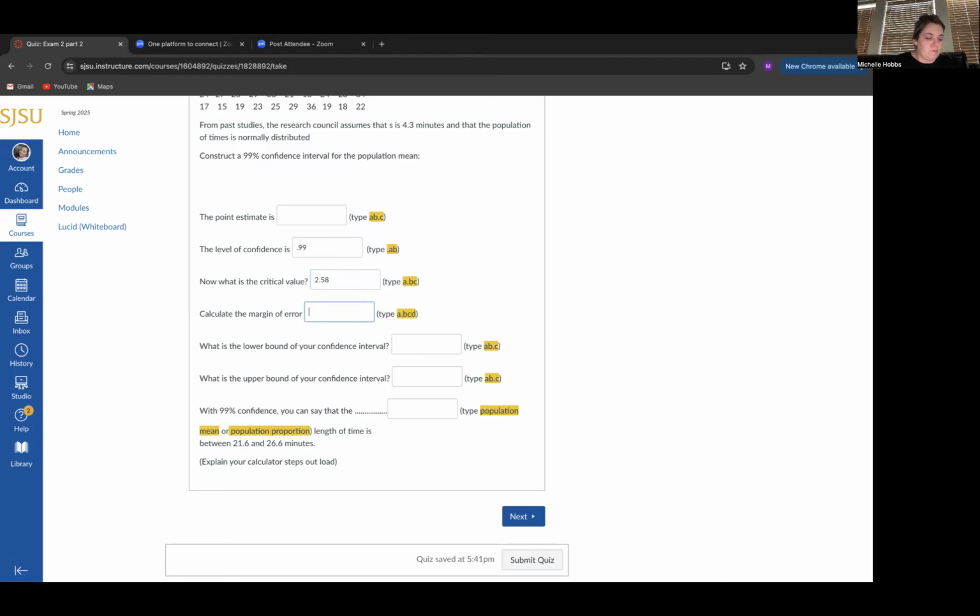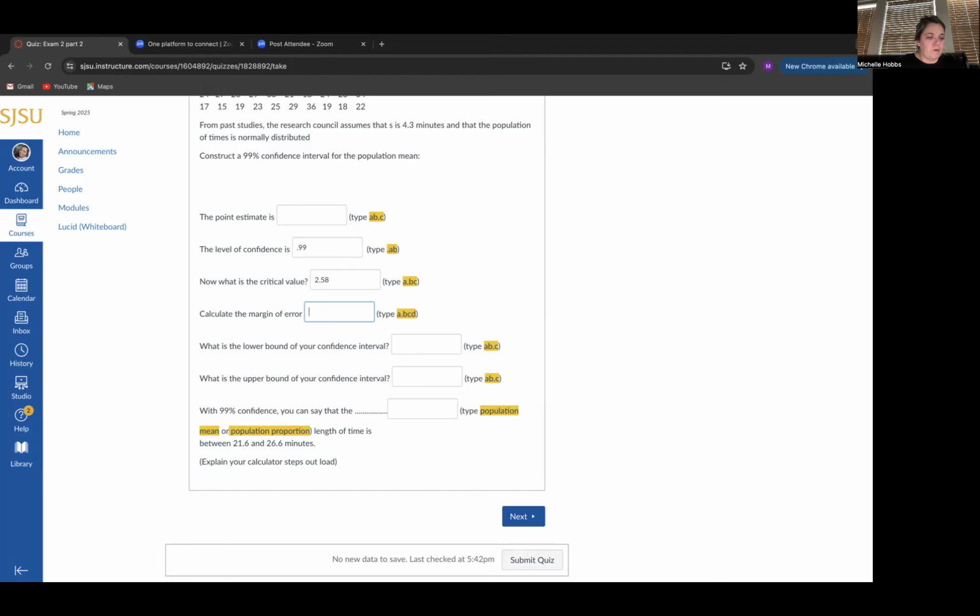And then for the margin of error, I'm going to take the estimate. So the point estimate is 22.